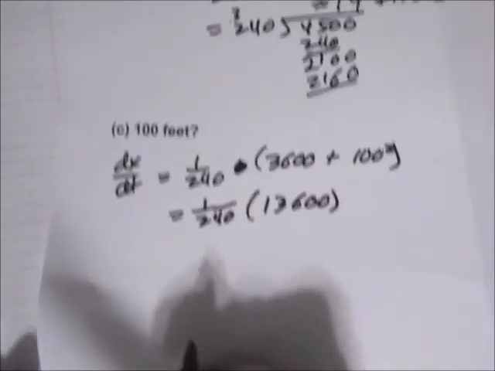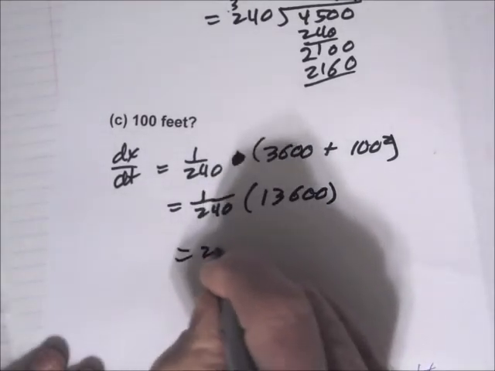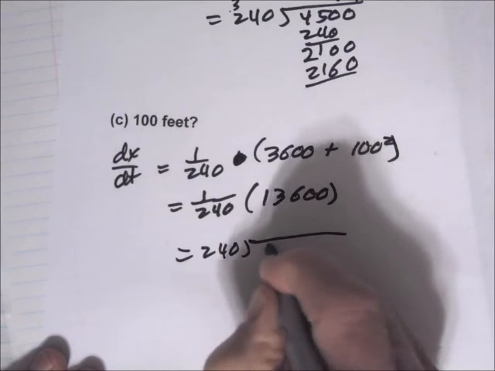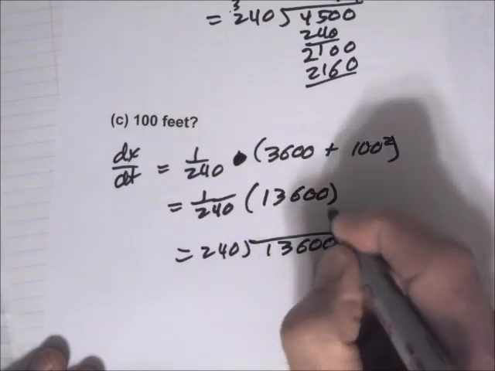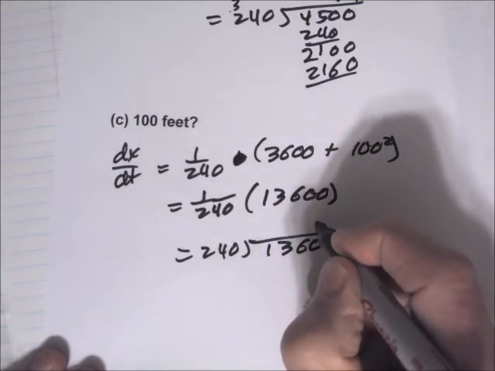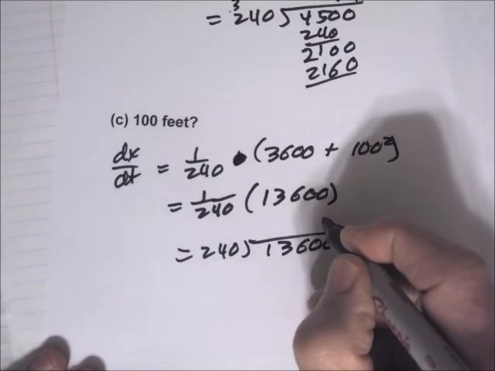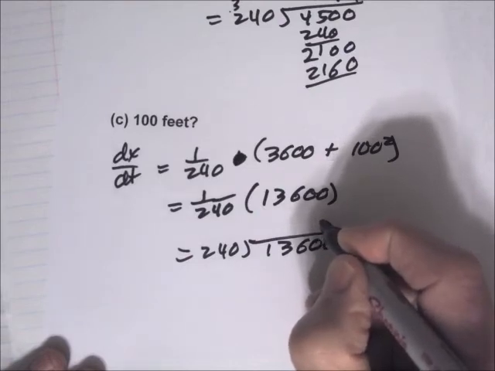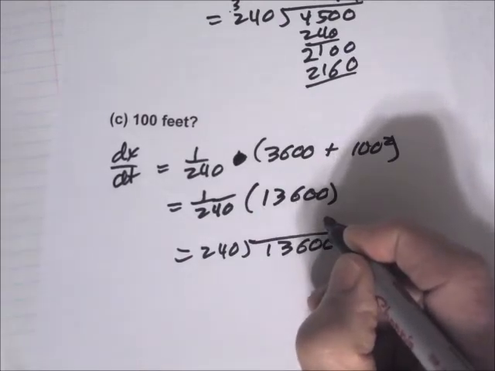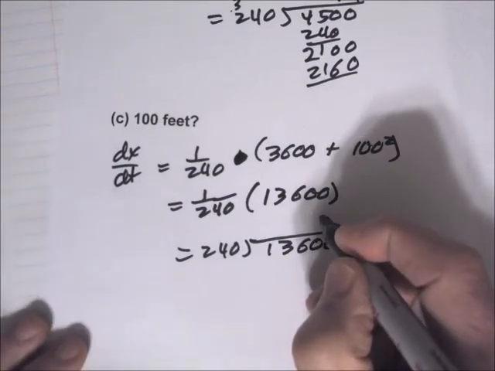And if we divide 240 into 13,600, maybe it goes 6 times.